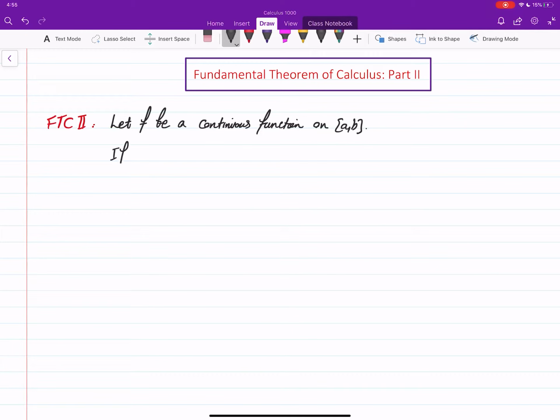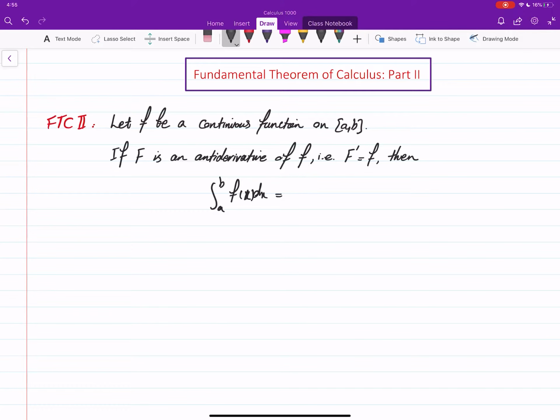If we know one antiderivative of this function, so if capital F is an antiderivative of the integrand f, well, you know what an antiderivative is. An antiderivative is a function whose derivative is equal to the integrand. Then we can easily evaluate the definite integral of f of x from a to b.